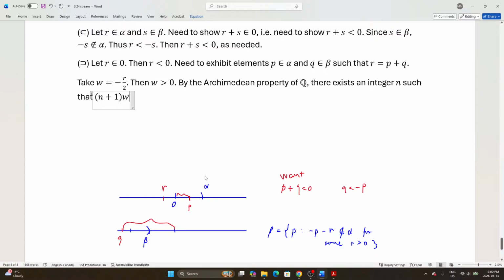We don't know exactly the upper bound of alpha, but we can say that it is not in alpha, since alpha must be bounded above, otherwise it's the whole Q, contradicting property 1 of the cut.